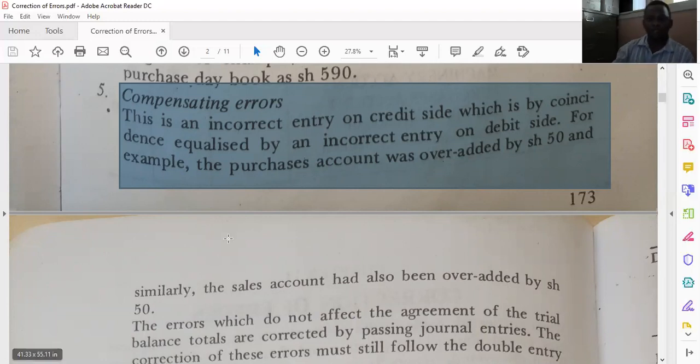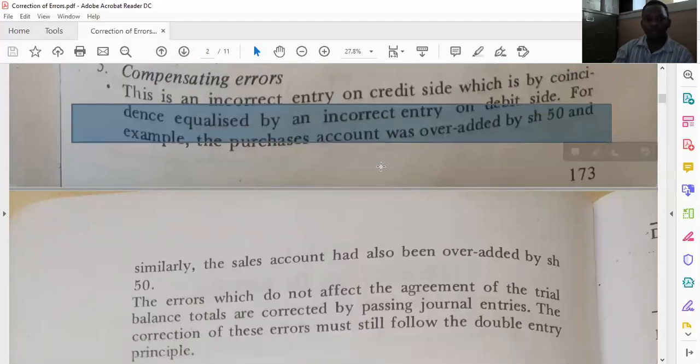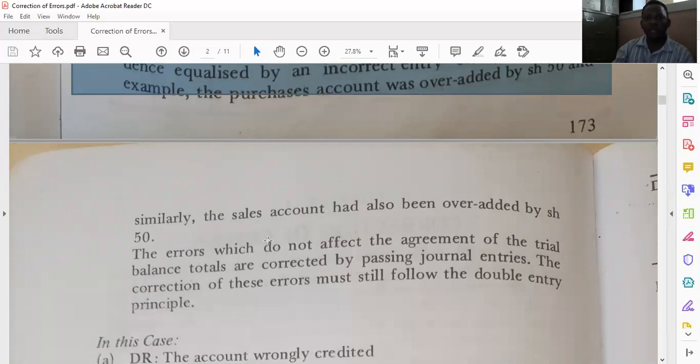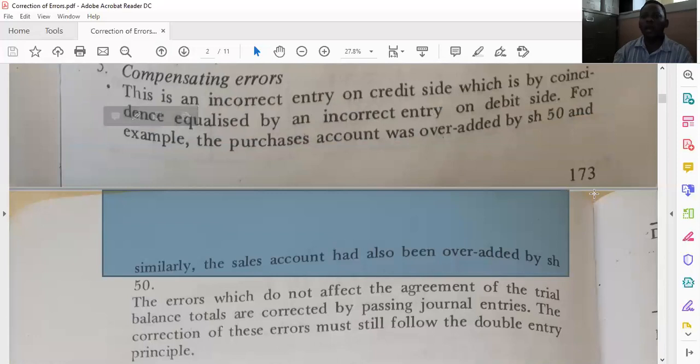So for instance, assuming the purchases account was over added by 50 shillings, and similarly, the sales account was also over added by 50 shillings. So you find that these are two unrelated errors, but by coincidence, they compensate each other.